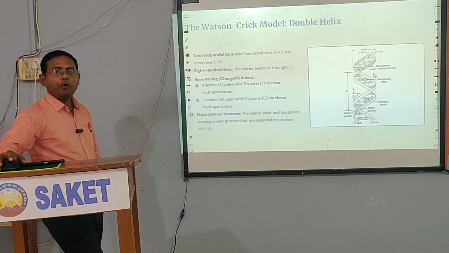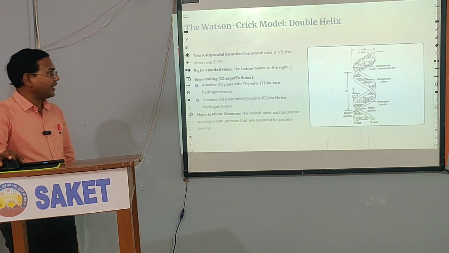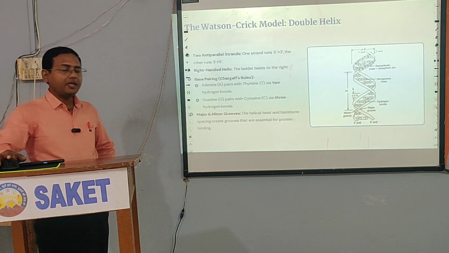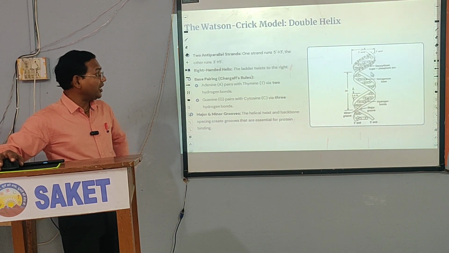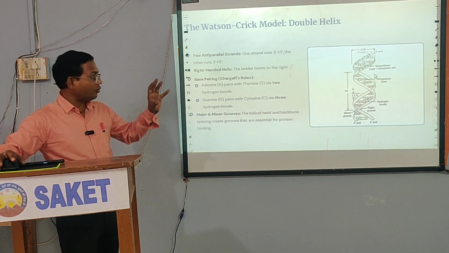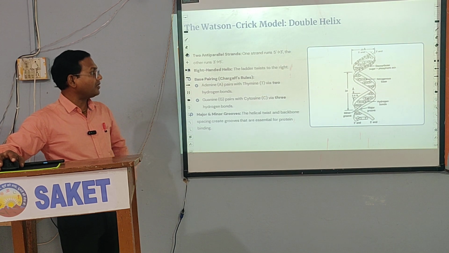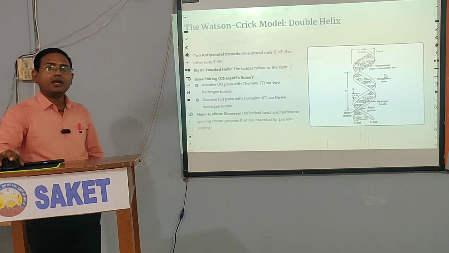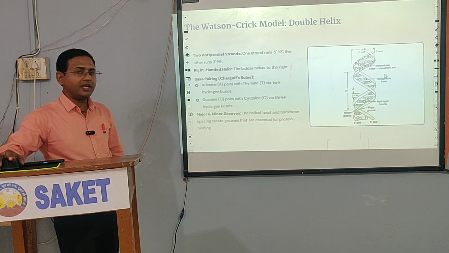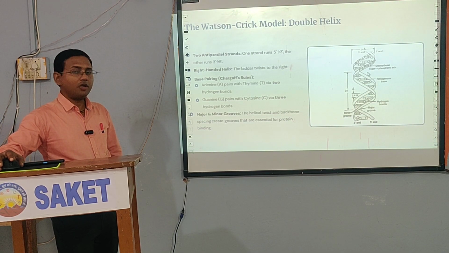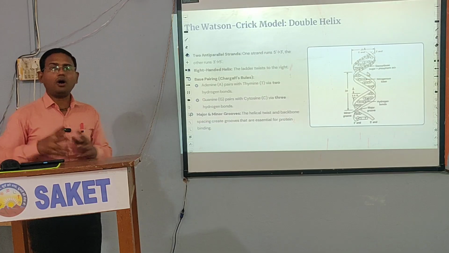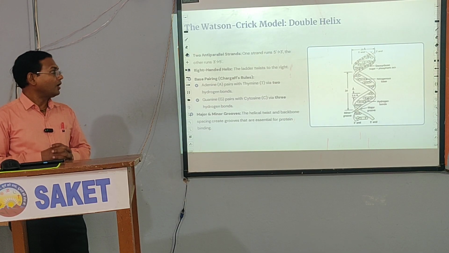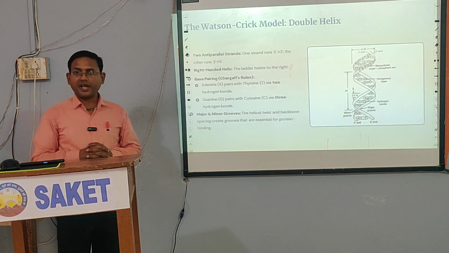These grooves are very important for the DNA to function, because they help proteins and enzymes to get attached and decode this DNA or replicate this DNA as required, because DNA is the molecule that has the blueprint of all the reactions and functions cells carry.